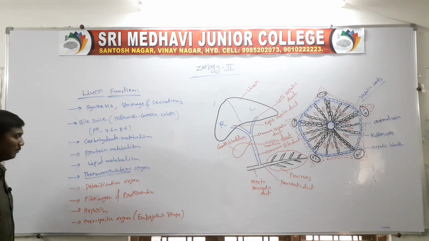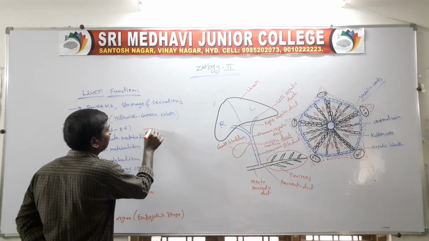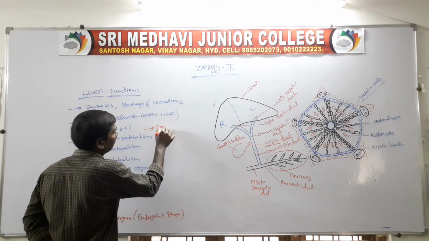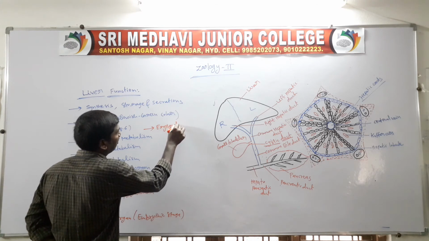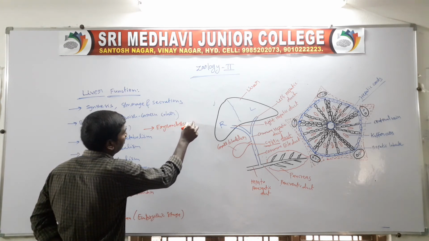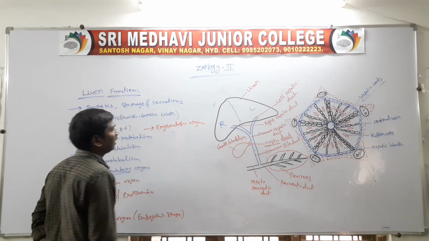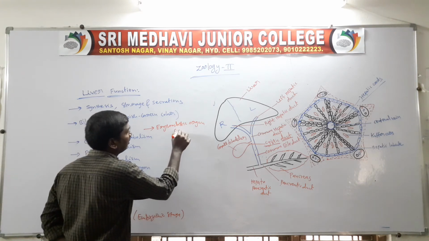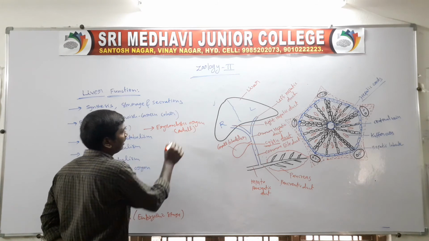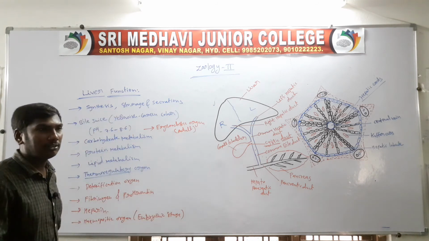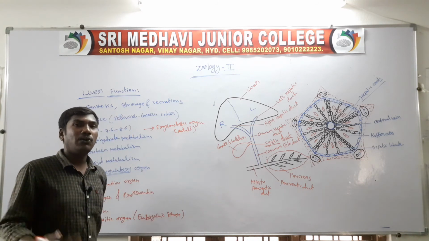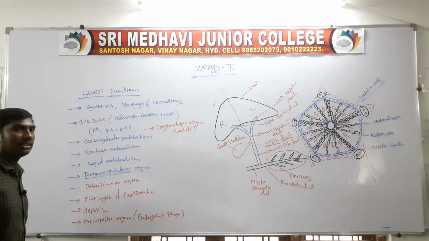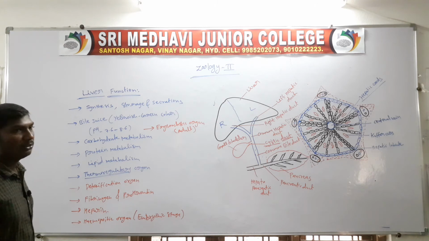Next one, the erythroclastic organ in the adult stage. Erythroclastic organ means destroying the old RBCs.